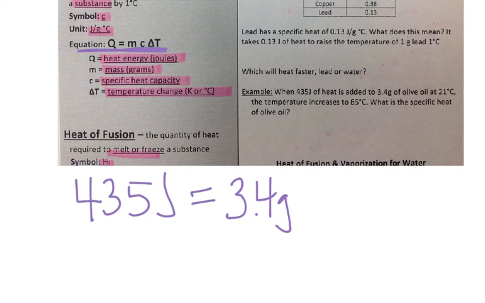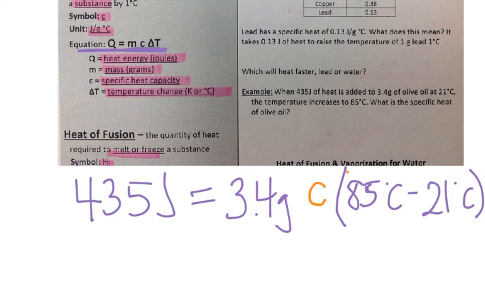We don't know what our C is, so that's our unknown. So I'm going to go ahead and put this in a different color. And then our delta T, we have to figure that out. Our delta T is going to be our final, which is 85 degrees Celsius, minus 21 degrees Celsius.